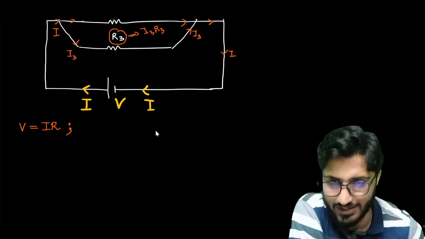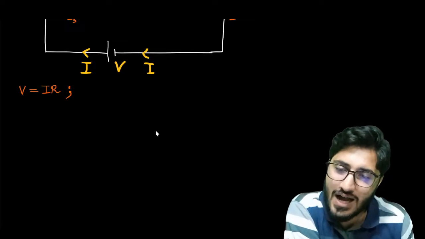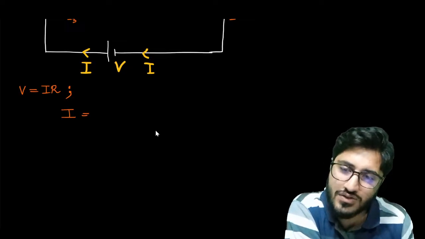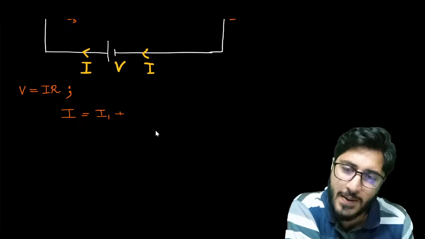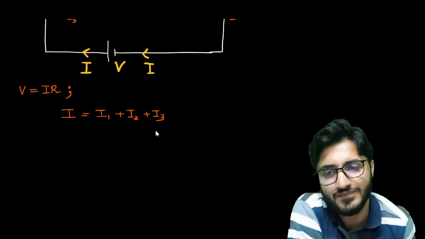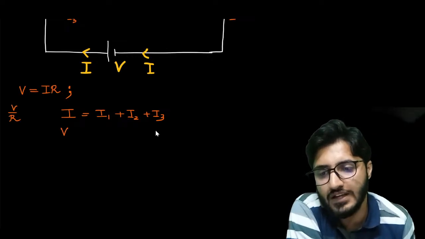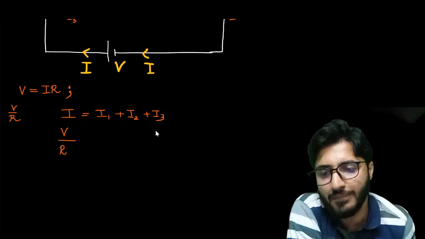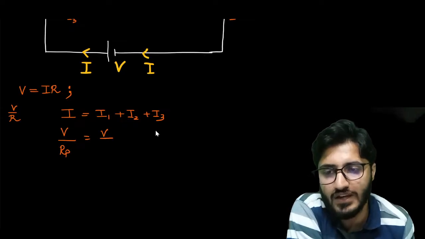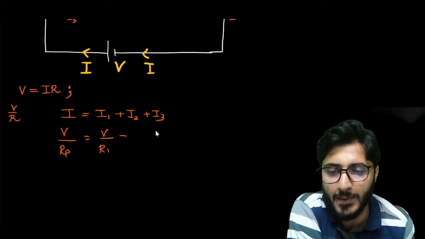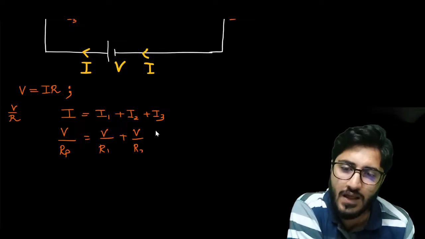Okay. So what I will write here now? Sir, look, I equals I1 plus I2 plus I3. I can write like this also, no? What is I? Sir, I is V by R. So it is V by R parallel equals V by R1 plus V by R2 plus V by R3.